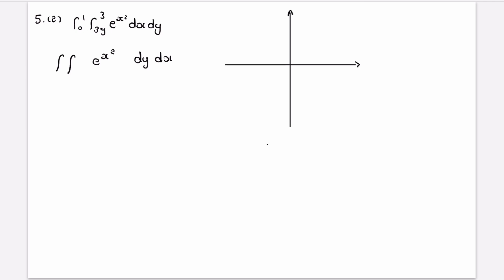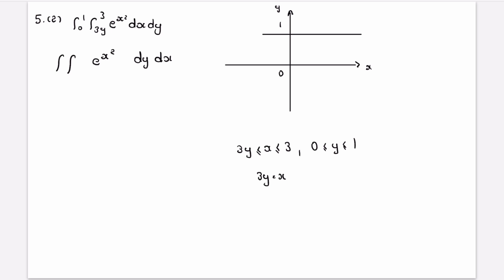So what is given? x is between 3y and 3, and then y is between 0 and 1. So y is between 0 and 1. Okay, this is 0 and 1. This is x equal to 3y, so let's draw a line graph.